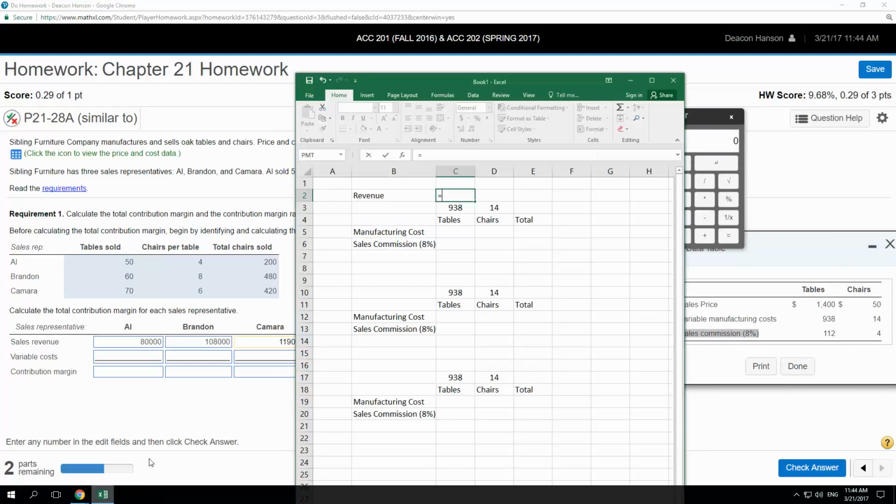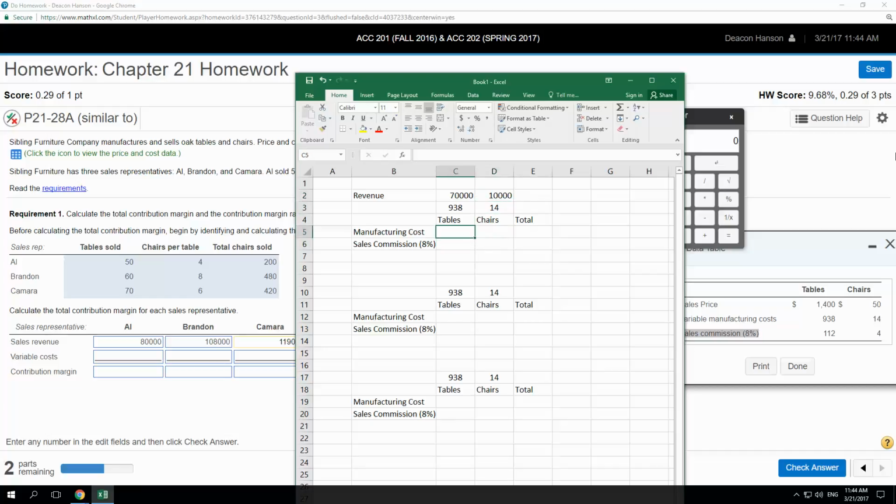Okay, so make this one Al. Al's revenue for tables is the 50 tables times 1,400, and for chairs it's the 200 chairs times $50.